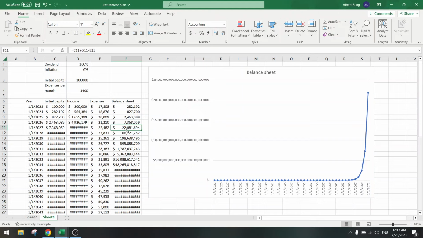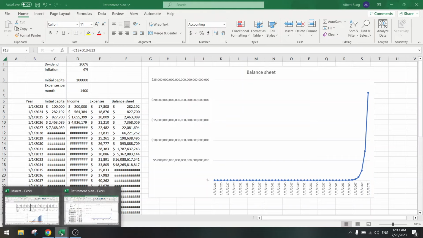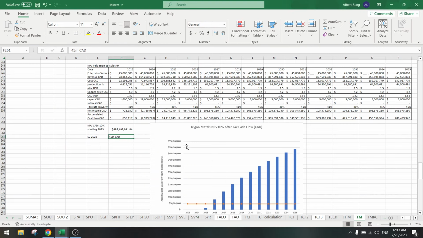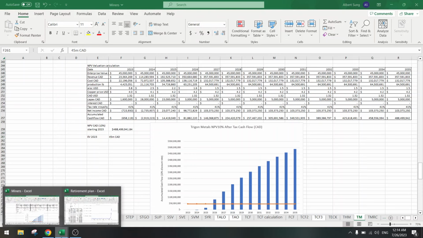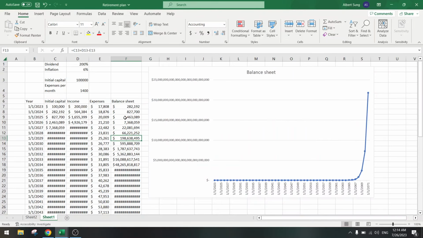The problem is you cannot keep investing this money in Trigon Metals because the market cap of Trigon Metals is only going to be, let's say, 100 to 200, 300 million, and your money is already at 22 million.